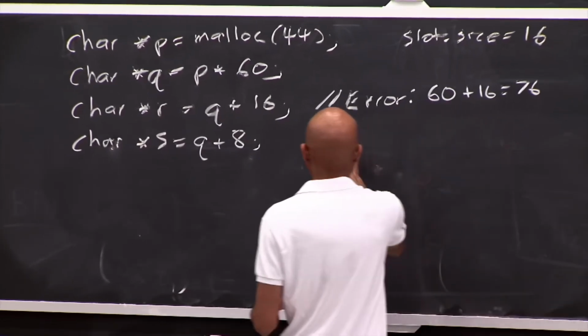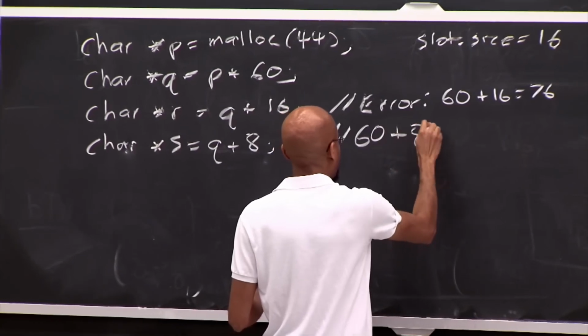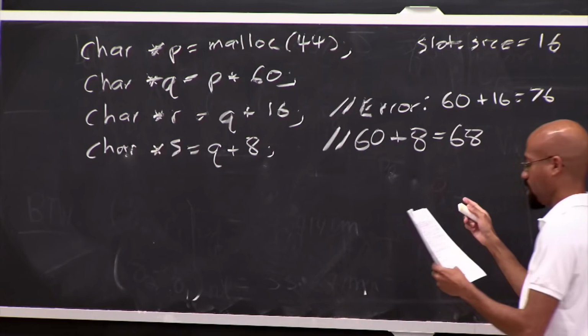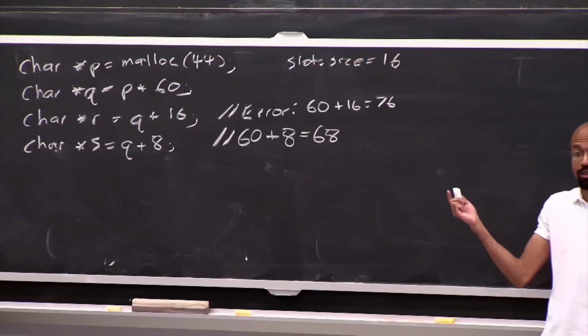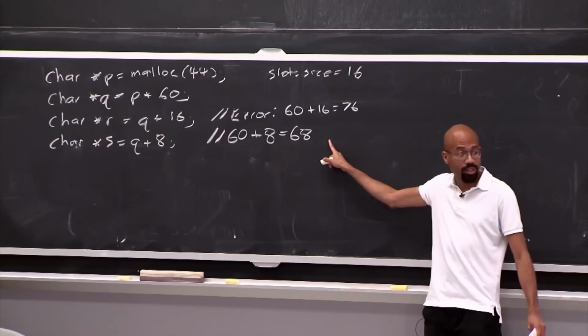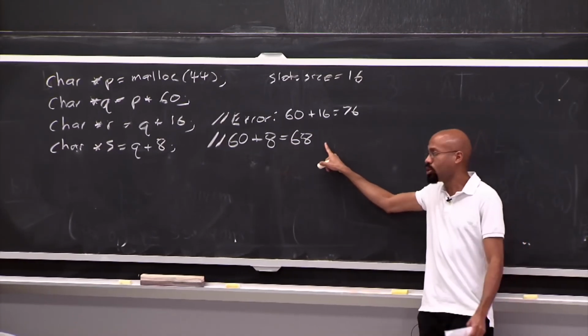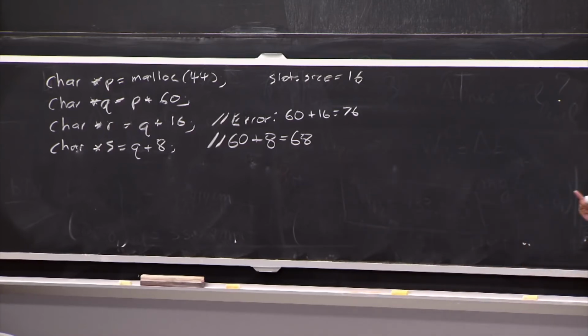Now the pointer is going to be at 60 plus 8, which equals 68 bytes away from P. This is only 4 bytes beyond the baggy bound, so it will not cause an error, even though it is strictly speaking out of bounds. But we will set that higher order bit on the pointer, so that if anyone subsequently tries to dereference it, it's going to cause a hard fault at that point.